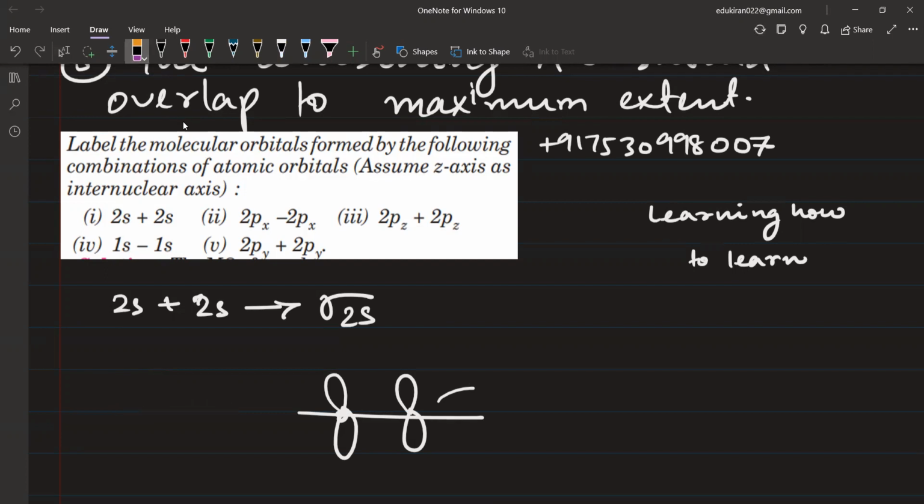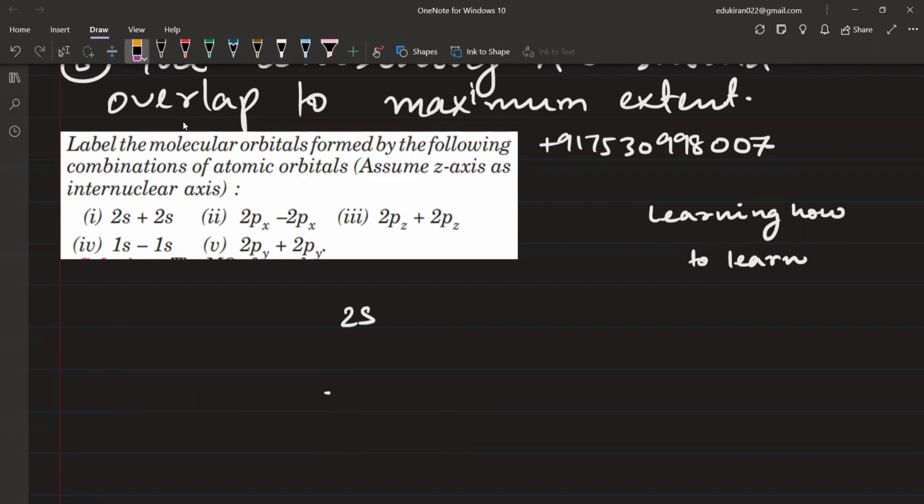I'm just letting you know that when they mix, if this is my internuclear axis Z, then this is going to give you pi, and it will be pi star, because it is minus. For the first one it will be sigma 2s. Second one it is going to be pi star 2px.